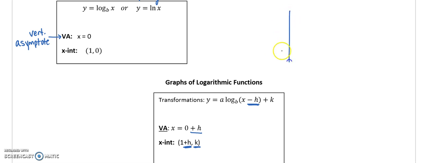And these logarithmic functions, just so you know the shape of them, they'll always look something like this: an x-intercept at (1, 0), a vertical asymptote at x equals 0, and they'll look something like that. So that's the general shape. As long as we know the shape, we can do the transformations.